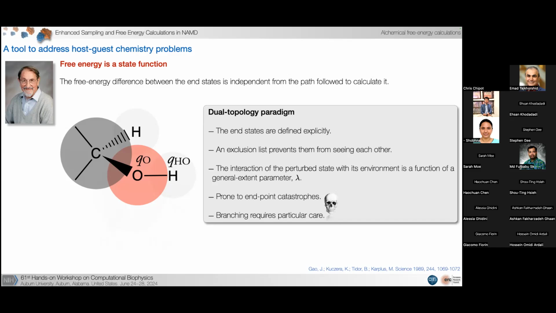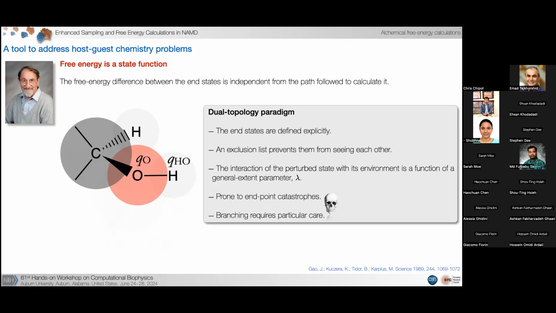In the previous case, in the single topology paradigm, I told you that we are playing with the non-bonded parameters. So the charge at lambda is equal to lambda times the final charge plus one minus lambda times the initial charge. The same thing applies for the van der Waals parameters.